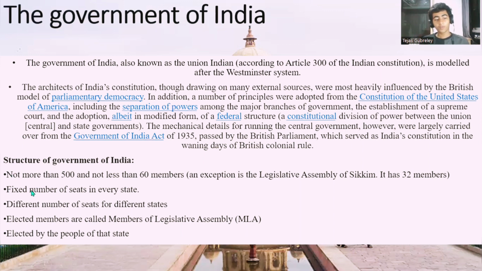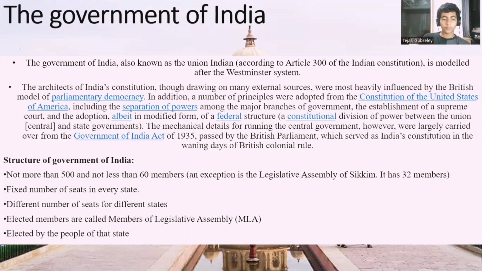Now, a fixed number of seats in every state. Every state should have a fixed number of seats. As we vote for a party, they get the seats and they win.